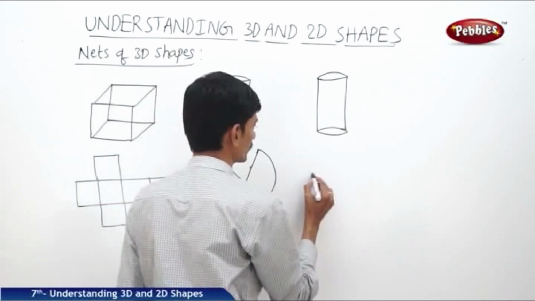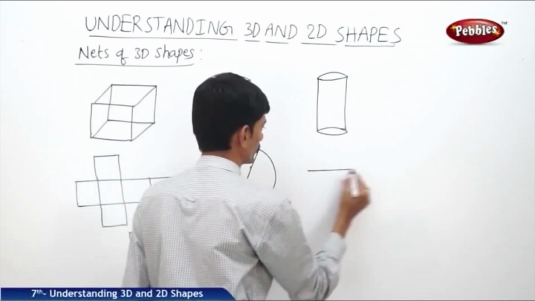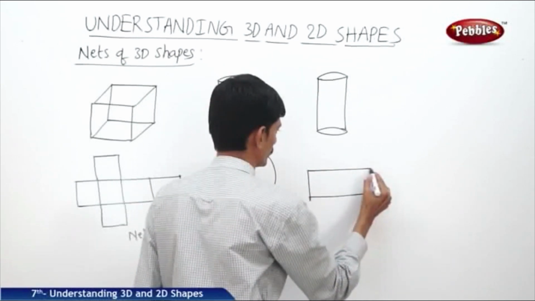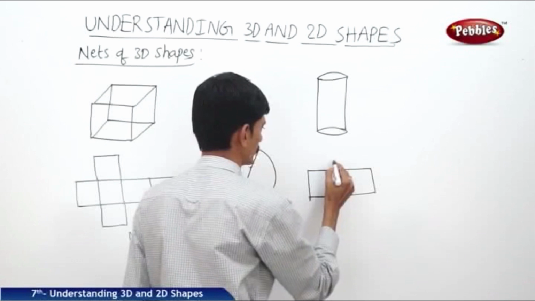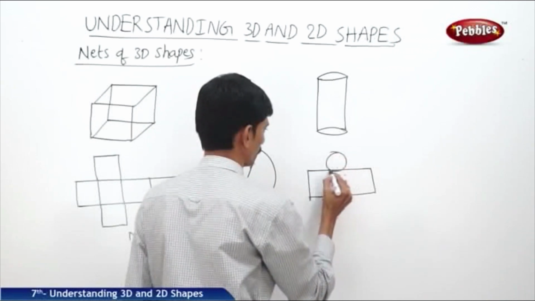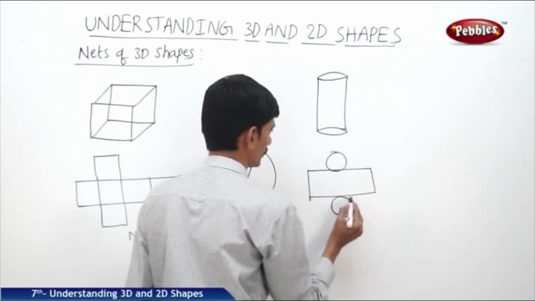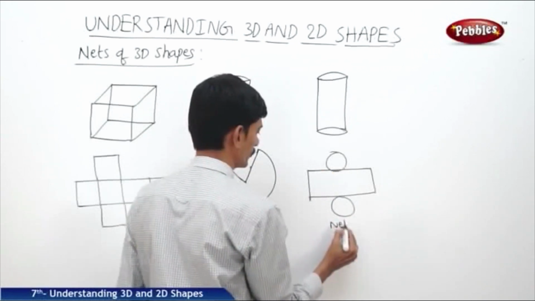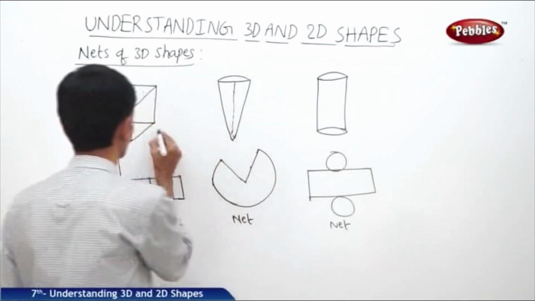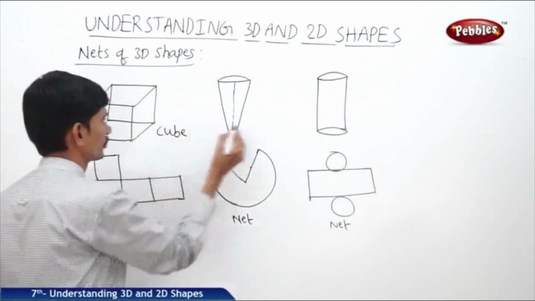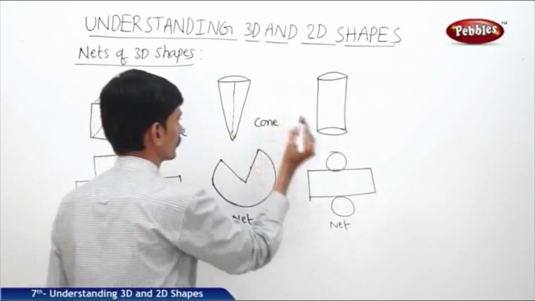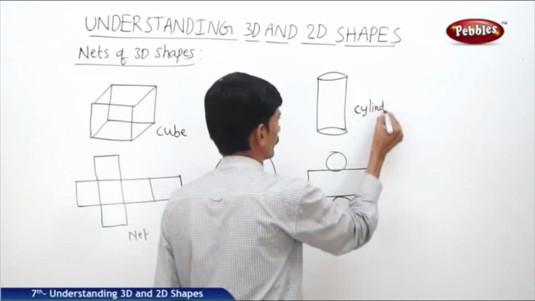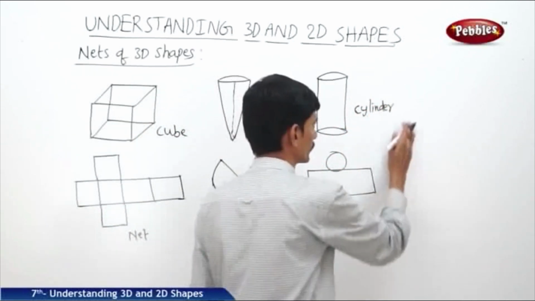Now for this, so this is the net of the cylinder. Cube, cone and cylinder.